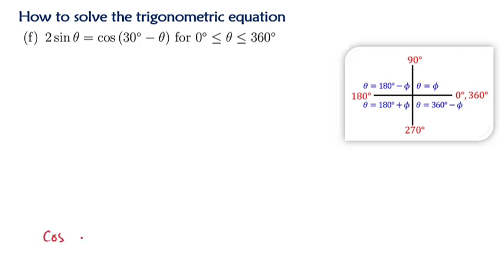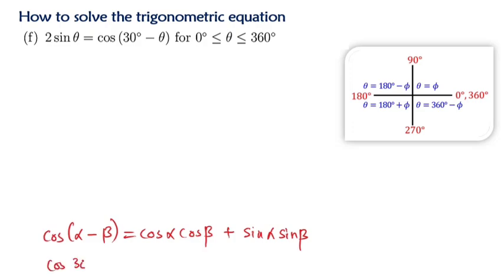If I have cos(alpha minus beta), the identity for this is cos alpha cos beta plus sine alpha sine beta. So what I have is cos(30 minus theta).